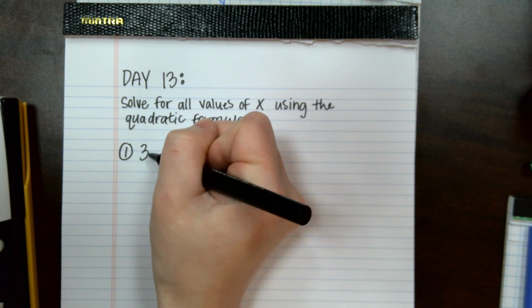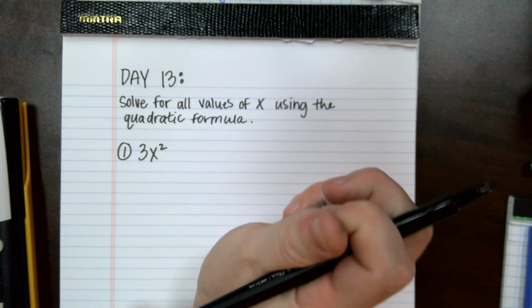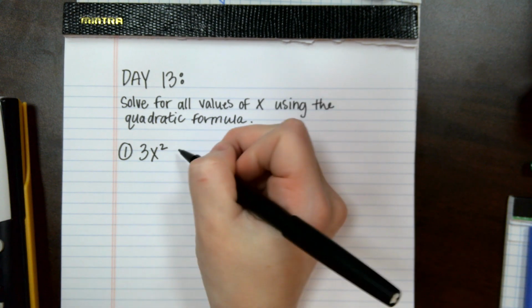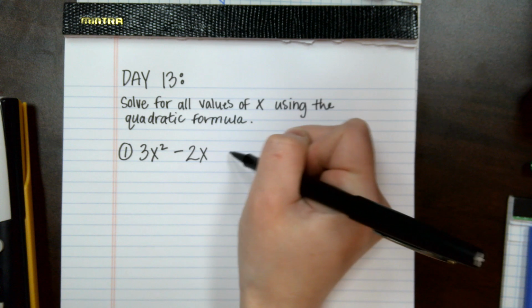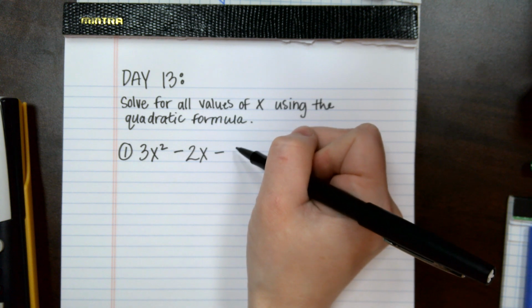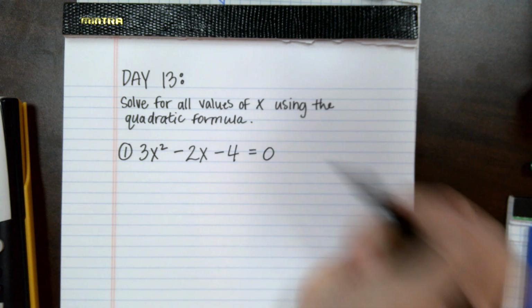I think it might be these batteries are low, because it's not popping up right. So right now, it's 5x squared plus 4x minus 6.